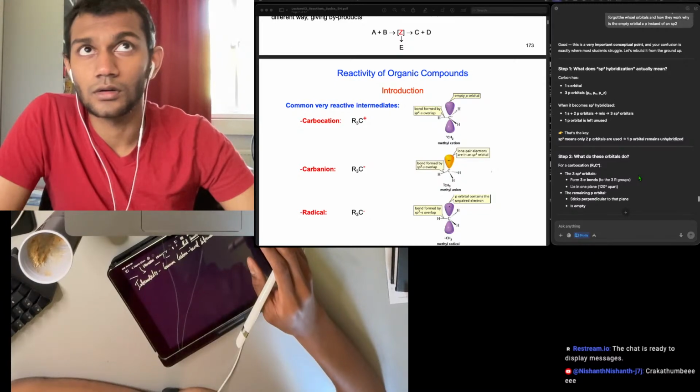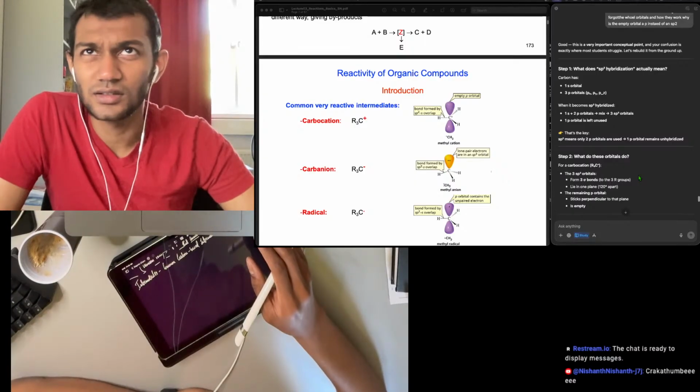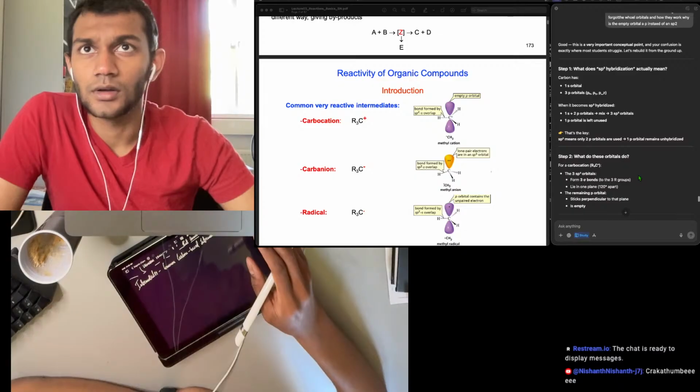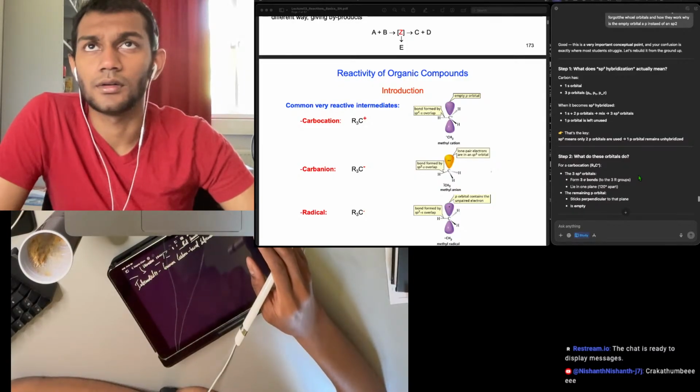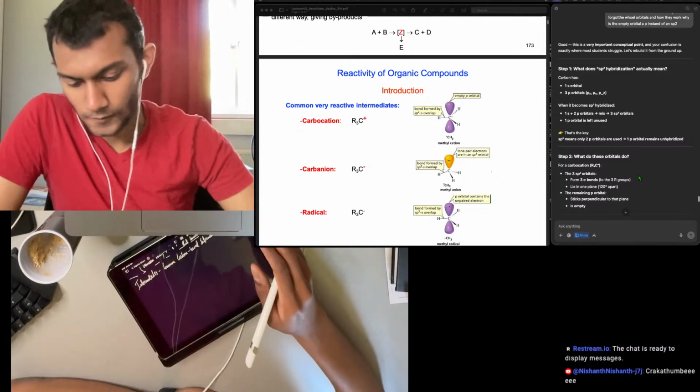Carbocation. Bond formed by sp2 s overlap. Wait, there's three hydrogens? Methyl cation. Methyl anion. Oh, four. Okay, I'm just gonna write it.